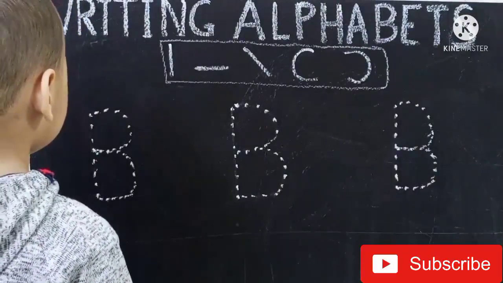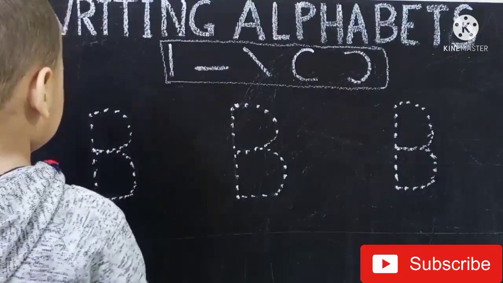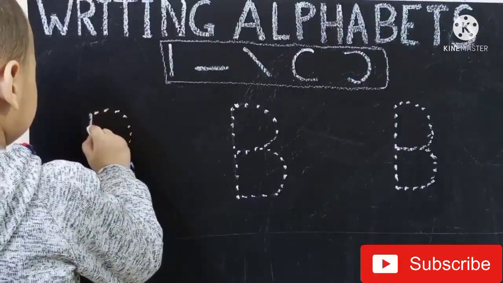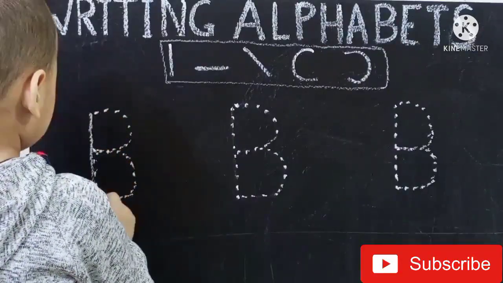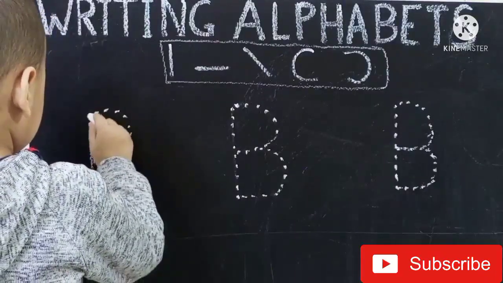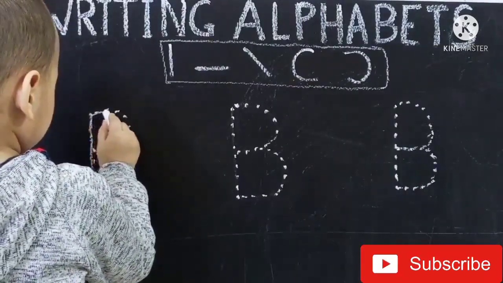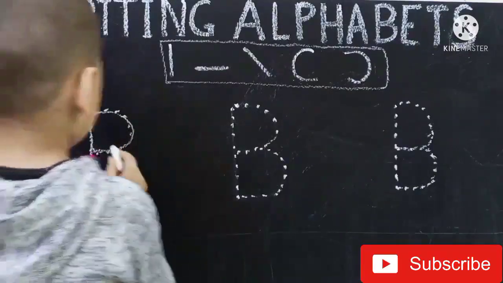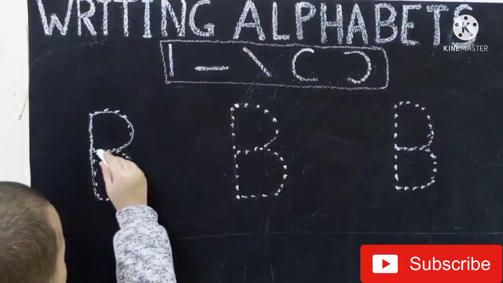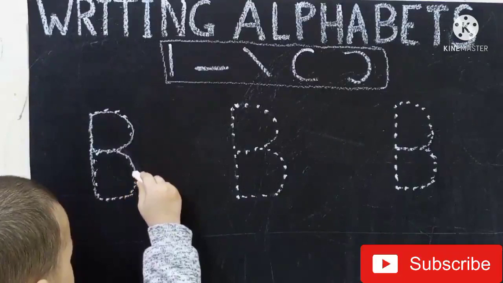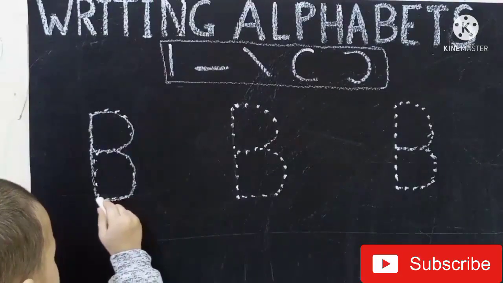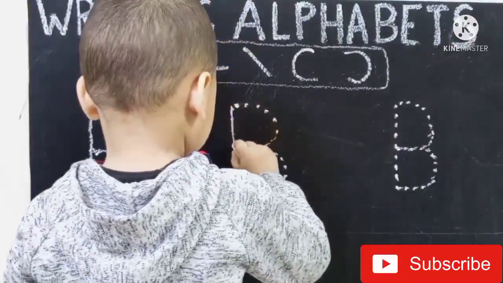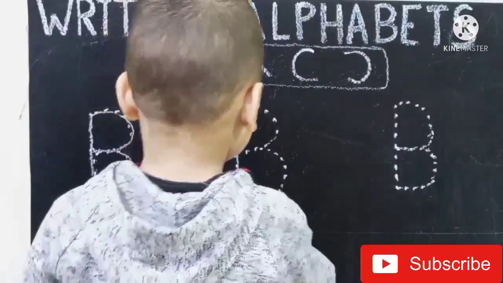To make letter B, first you have to draw standing line. Arav, draw standing line. Trace the dots. Curve. Another curve. Good. Standing line. Curve.